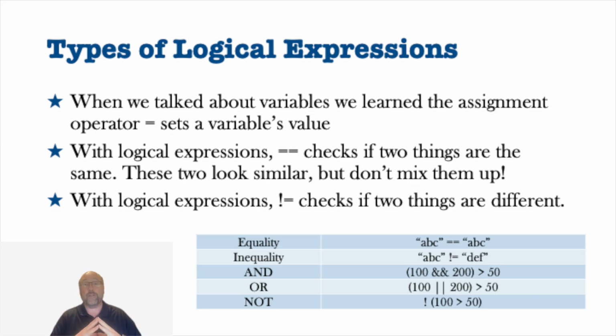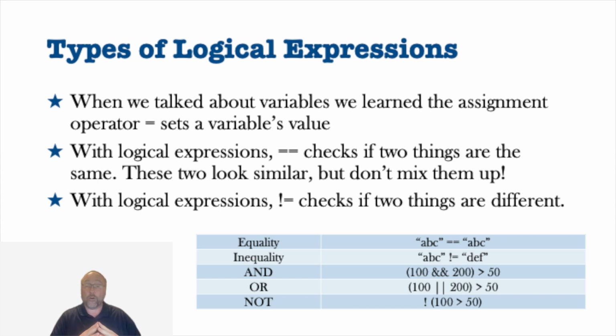Here are a few of the types of expressions that we might use. Equality: ABC is equal to, double equals, ABC. Inequality: ABC is not equal to DEF. Then we use and, that's two ampersands: 100 and 200 are greater than 50.